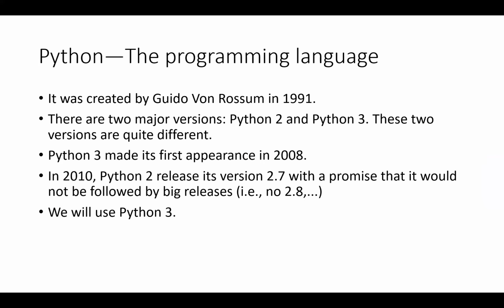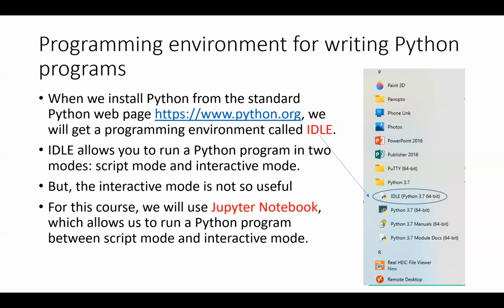Python 2 is earlier, but after a while, the original designer of Python decided to implement another version, but it turned out that the version is so different from the earlier version, so eventually people call it not Python, they call it Python 3. Okay, so basically these are two different programming languages, but nowadays most of it is Python 3.